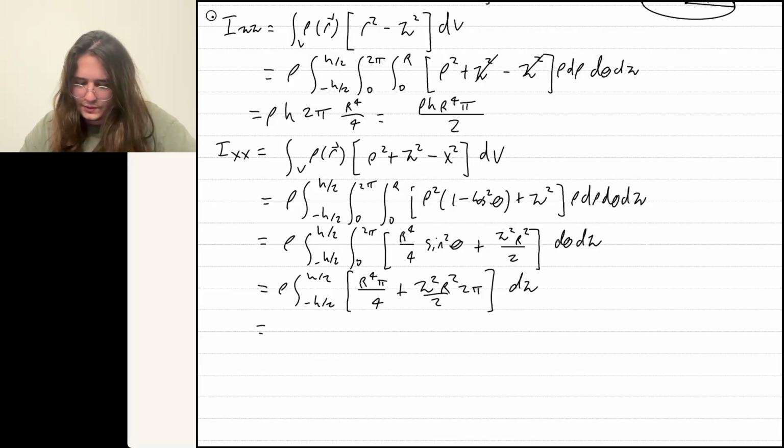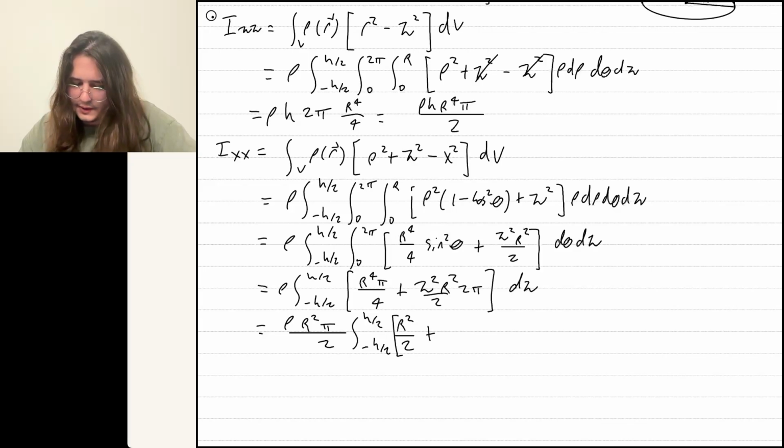So let's factor through the r squared pi stuff at least now. Rho r squared pi over 2, and it's going to be the integral from minus h over 2 to h over 2 of r squared over 2 plus z squared, and then yeah, just z squared actually.